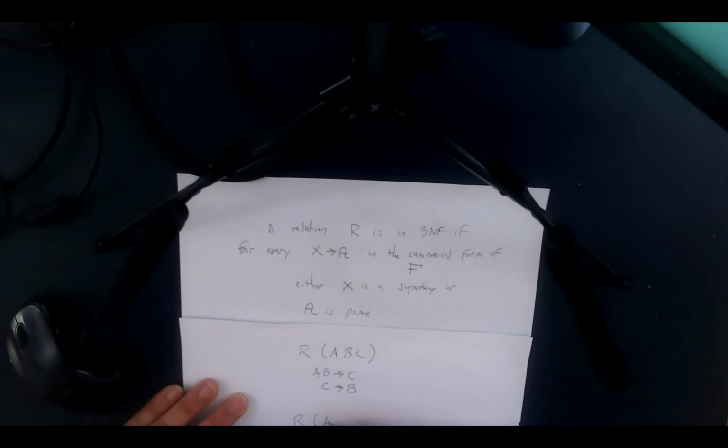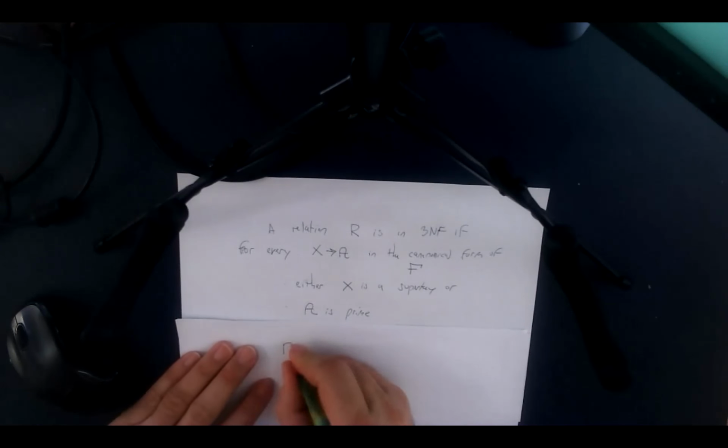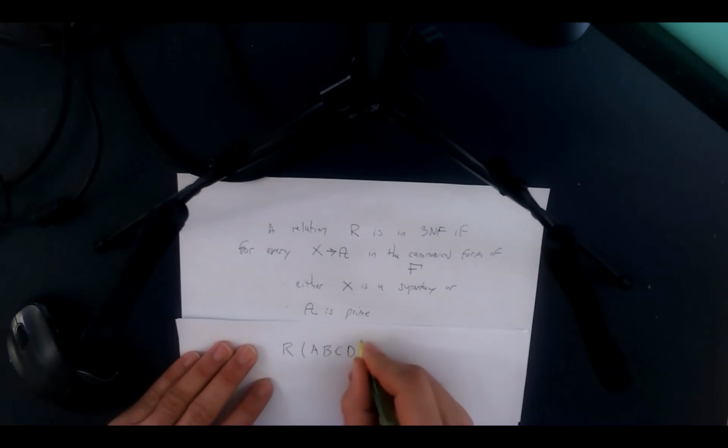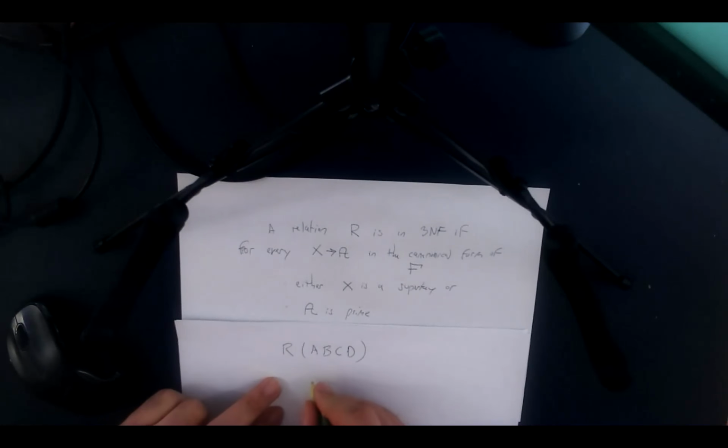I have R(A, B, C, D). Let me start with a simpler example, one that has transitivity: A, B goes to C, and C goes to D.